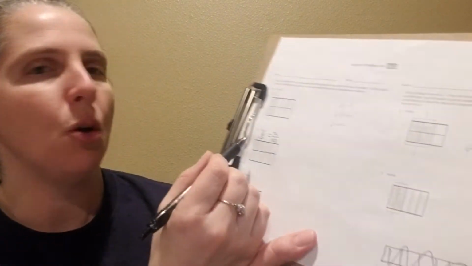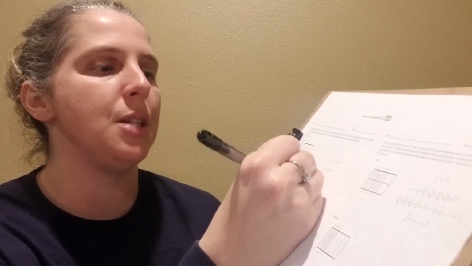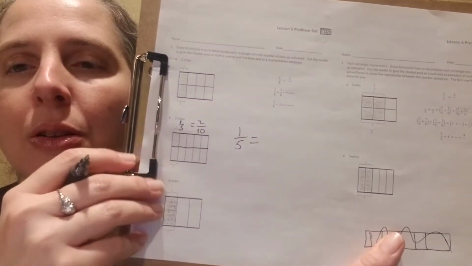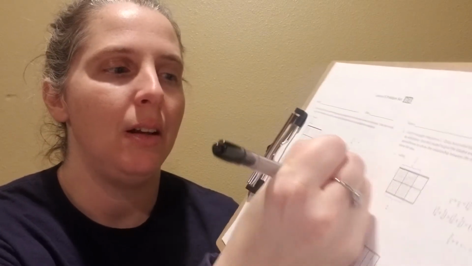All right, so what you're going to do on this side, we're still going to write the repeated addition. So 1/5 equals what? We know it equals 2 tenths, but how do we get there? Show me the sum of it, or tell it out loud. 1/10 plus 1/10, okay?